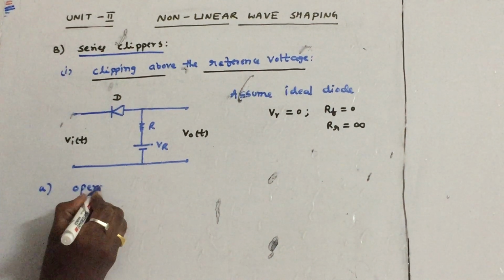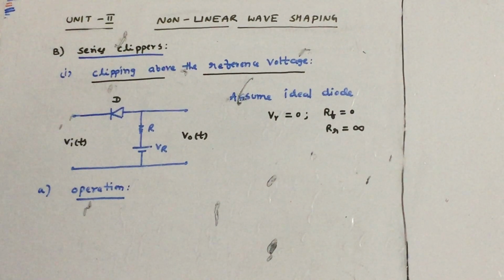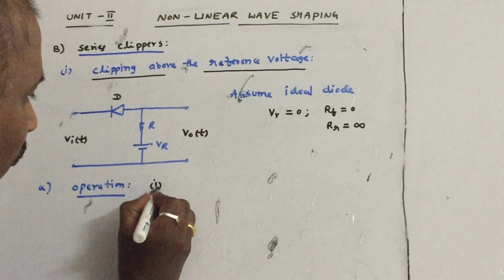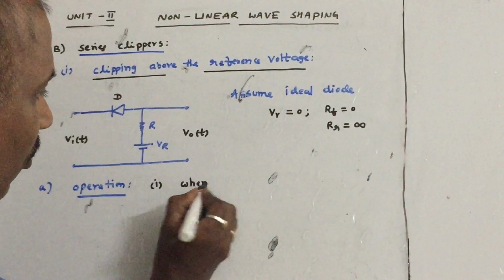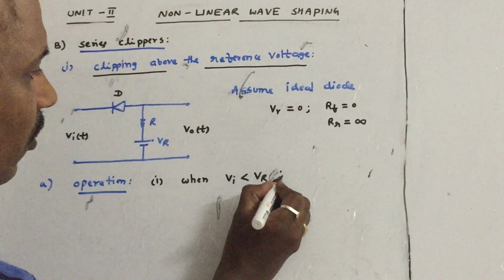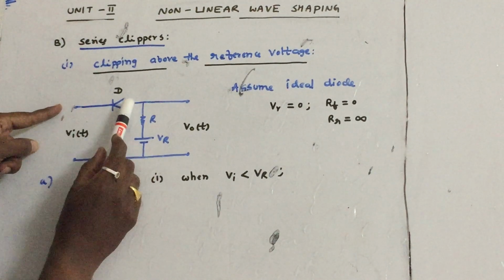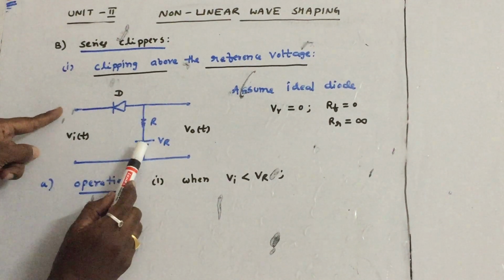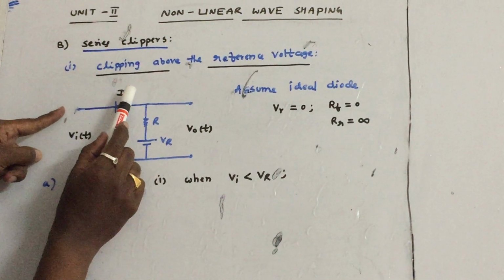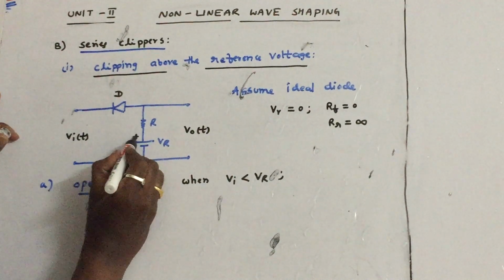Operation of the circuit. As I said earlier, we take only two cases. Case 1: when Vi is less than VR, you can see from the circuit the diode is already forward biased by VR, because the anode of the diode is connected to the positive terminal.